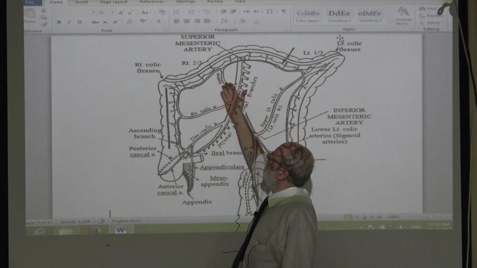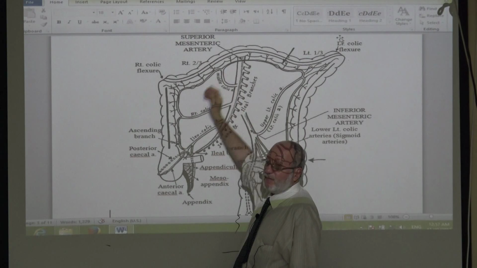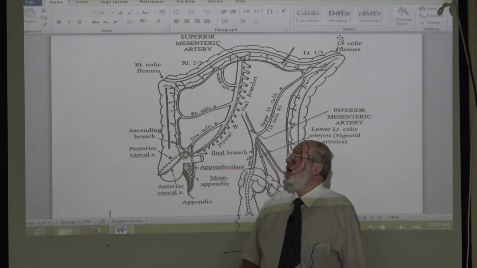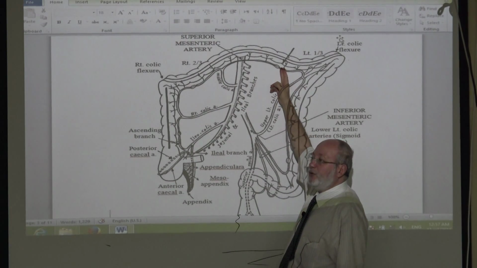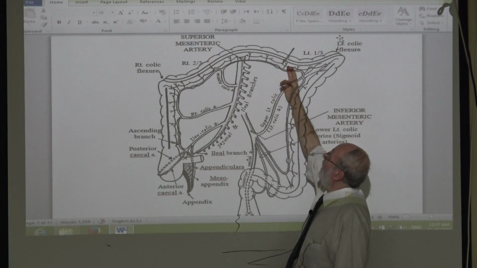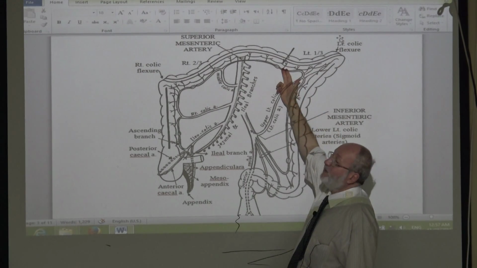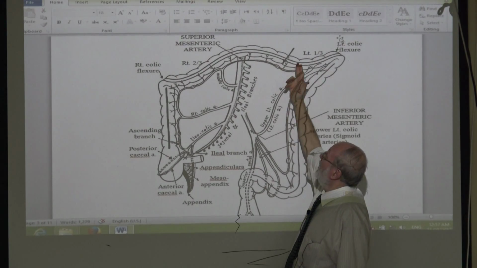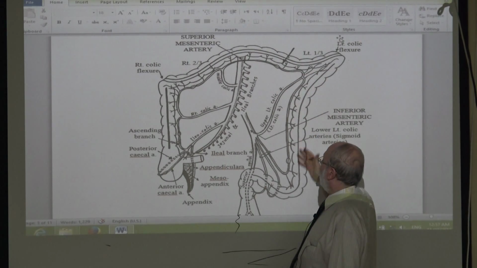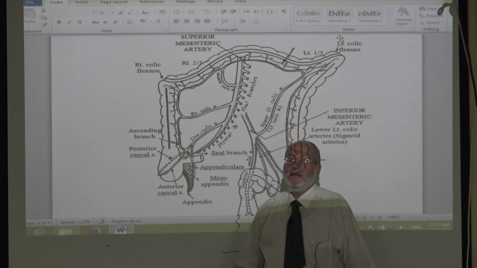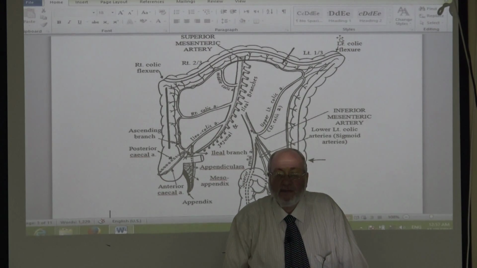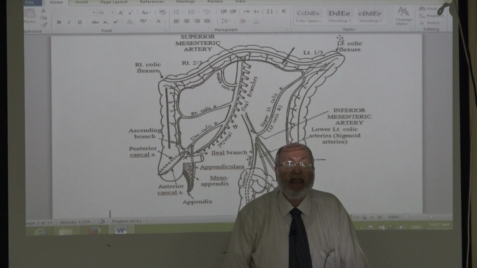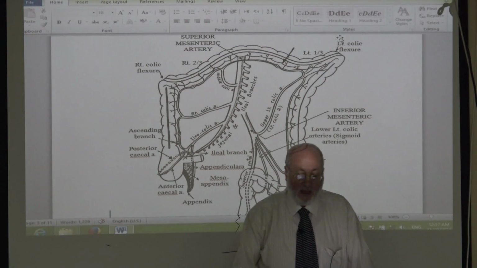The transverse colon, by the middle colic. Okay? At this junction between the right 2/3 and the left 1/3 of the transverse colon begins the hindgut, and comes the role of the inferior mesenteric artery.